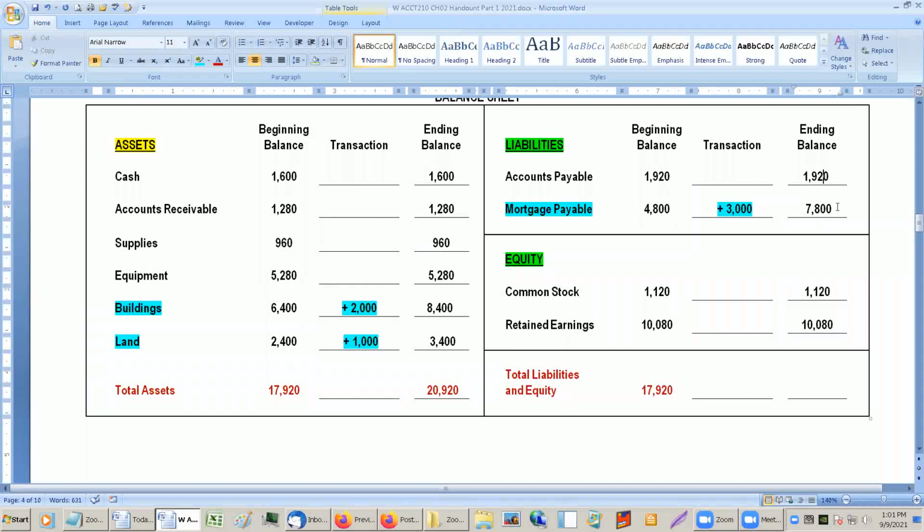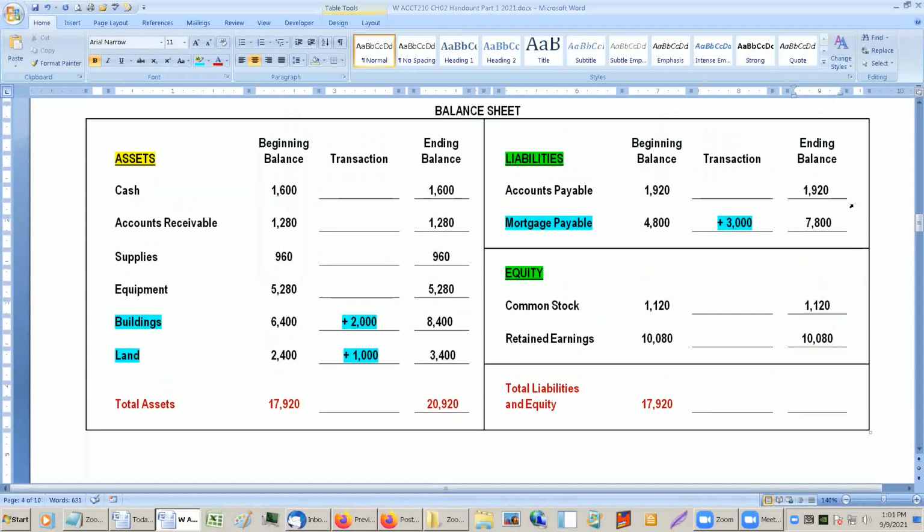Over here should be the same thing. Yep, 20,920.